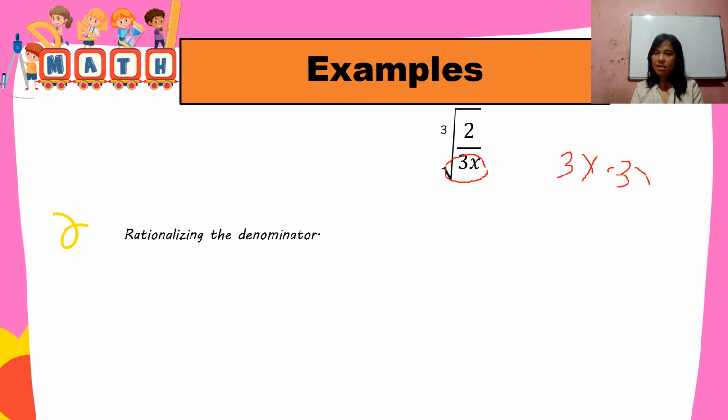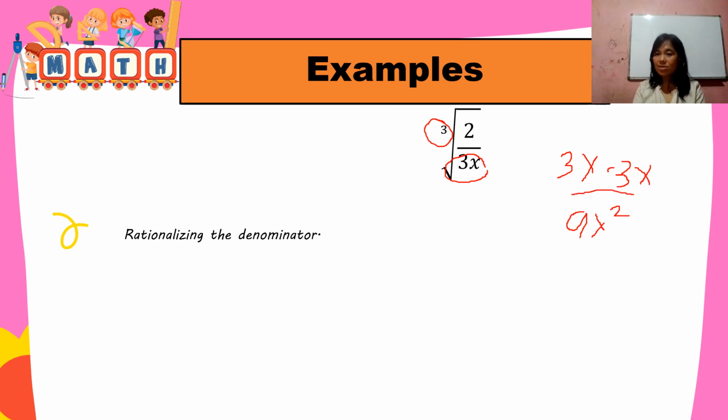Diba? 3 times 3 is 9. Tapos, x times x is x squared. Ngayon, ang index mo is 3. So, hindi mo siya kayang ma-remove pag ganyan. Kasi, yung 9, wala naman siya sa perfect cube natin. So, hindi pwede yung 3 times 3 lang.